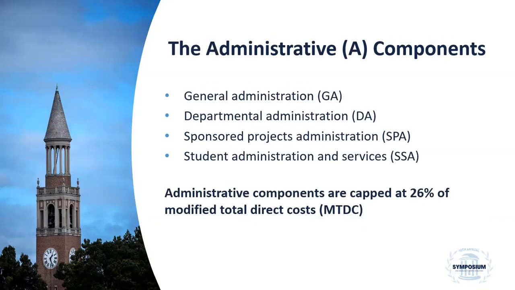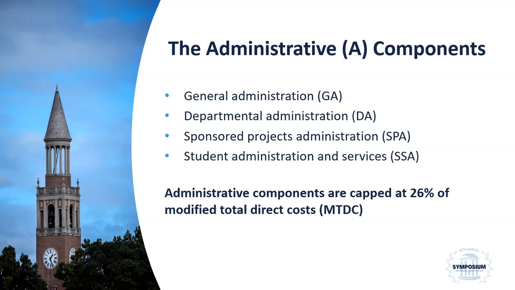The administrative components, as we highlighted before, are general administration for the university, departmental administration within the academic departments, sponsored project administration, and then student administrative services. General administration and DA are allocated out using what we call total direct costs.